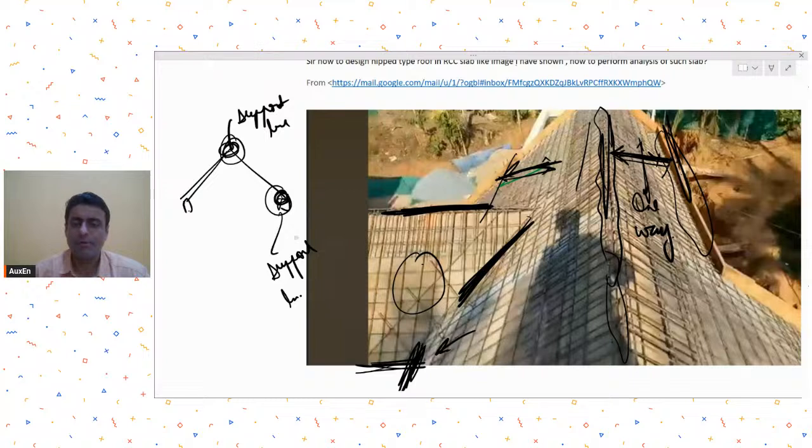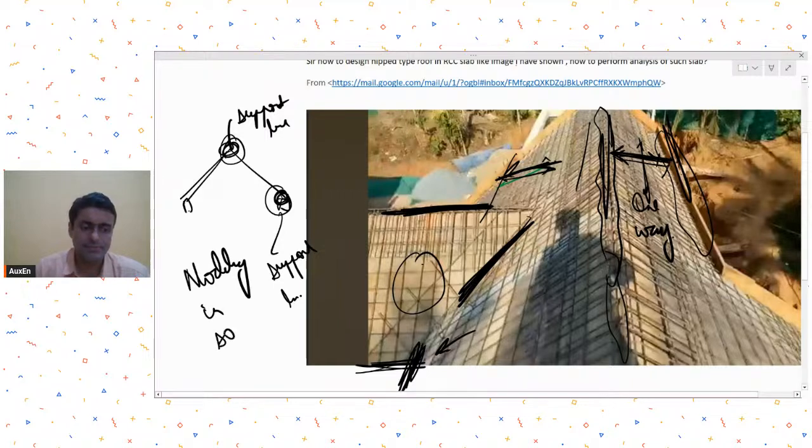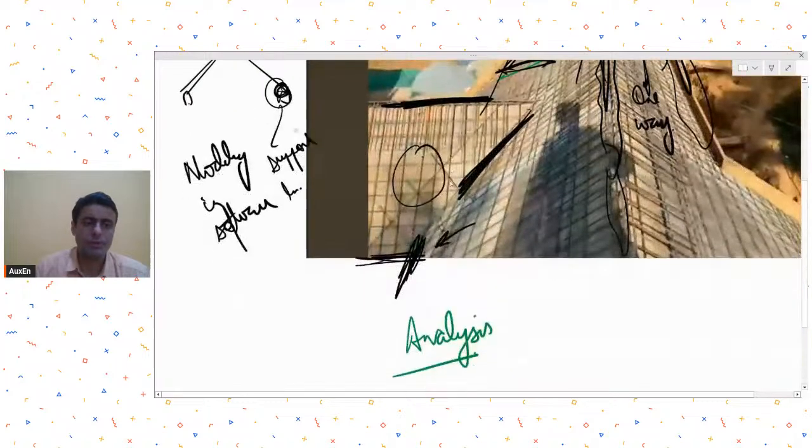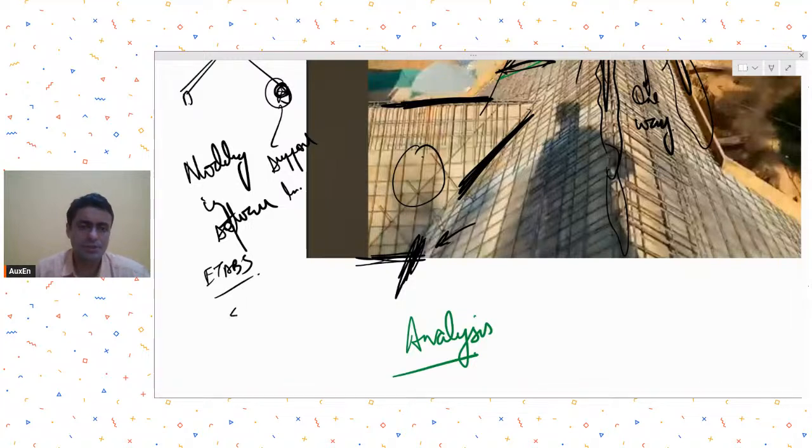Or if you're not happy with this type of approximate analysis, then you can do the actual modeling of such things in software. You can create such a geometry in ETABS or STAAD. ETABS will be better because it has very good modeling options for such geometries.